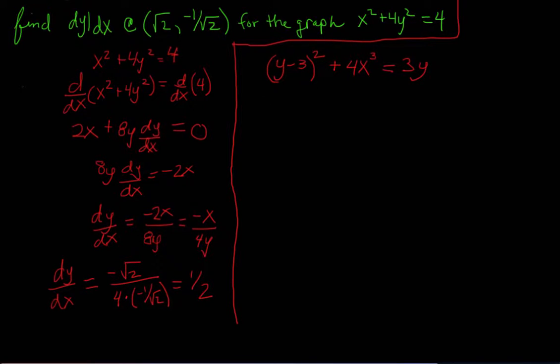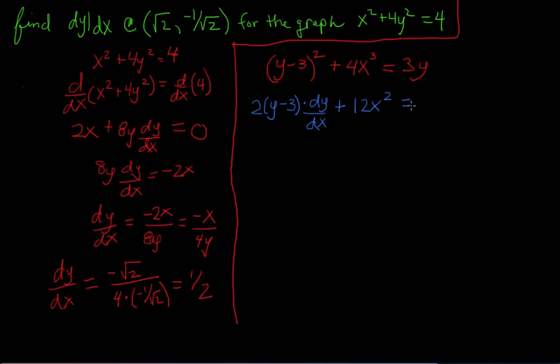I'll use blue. We're going to take the derivative of both sides with respect to x. On the left side, I'm going to get 2(y minus 3), using the chain rule, times the derivative of the inside with respect to x, which is dy/dx, plus the derivative of 4x to the third, which is 12x squared.